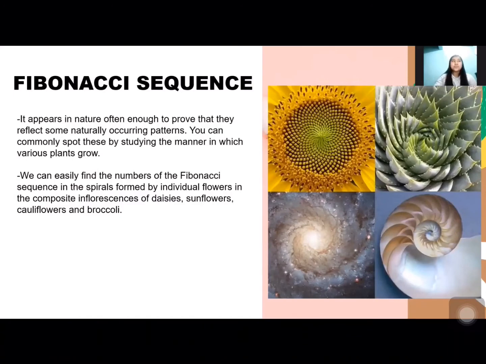The Fibonacci sequence proves that numbers reflect some naturally occurring patterns. You can commonly spot this by studying the manner in which various plants grow. We can easily find the numbers of the Fibonacci sequence in the spirals formed by individual flowers in the composite inflorescences of daisies, sunflowers, cauliflowers, and broccoli.